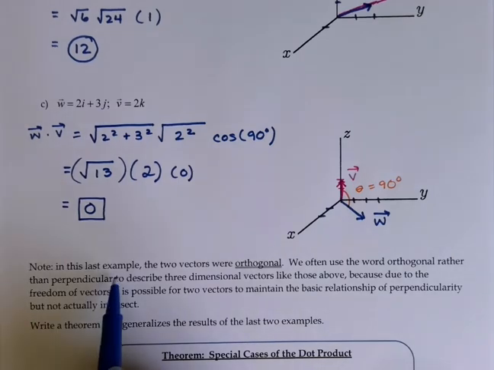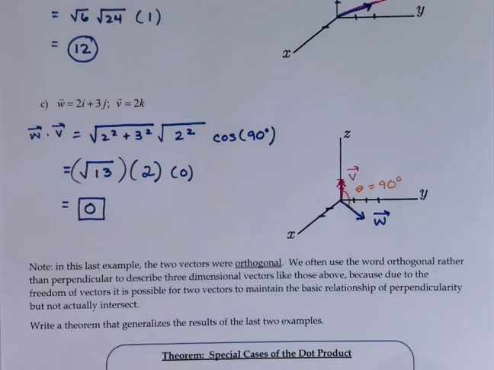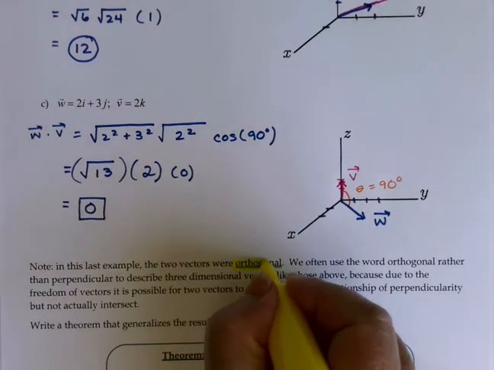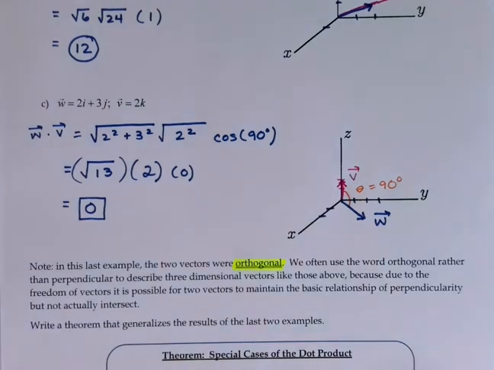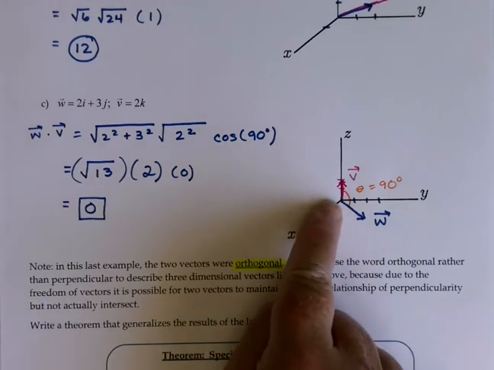In this last example, we said these vectors were perpendicular, and the way I have them drawn, they are. But in this class, we'll often use another word instead of perpendicular. We'll often call those vectors orthogonal. The reason for that goes back to the idea of the freedom of vectors. This vector, W, didn't necessarily have to start at the origin, right?